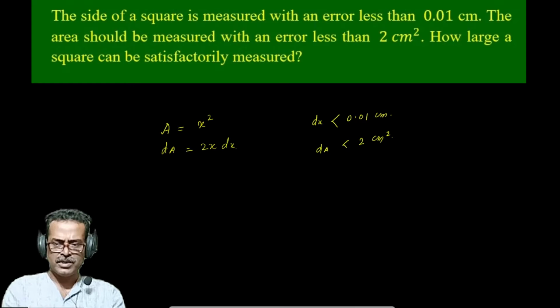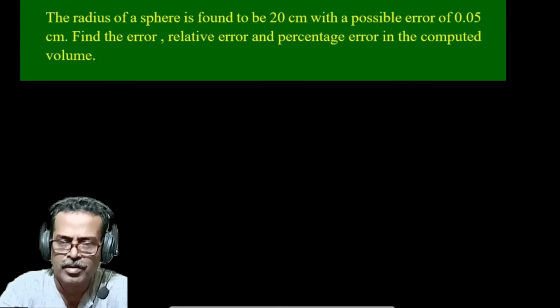So by putting this, 2 is equal to twice x into 0.01. So x is equal to 1 by 0.01 is equal to 100 centimeter. So x is less than 100 centimeter.